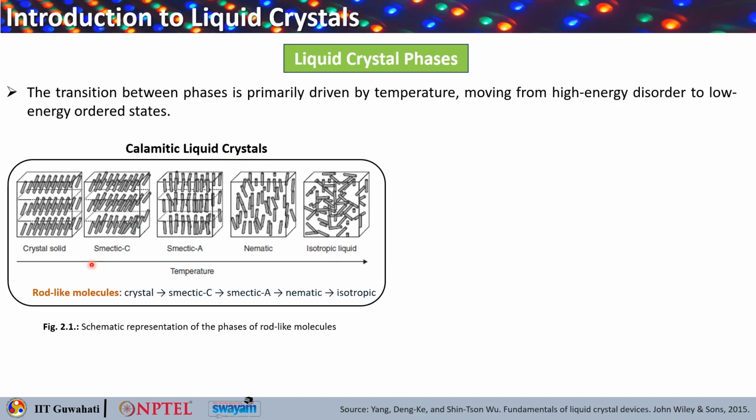This is a schematic representation of the different phases in the case of rod-like molecules. Here you have a crystal or a crystalline solid, then you have a bit of disordering with increasing temperature, that is called smectic C. The next phase is called smectic A. We will go into the details.